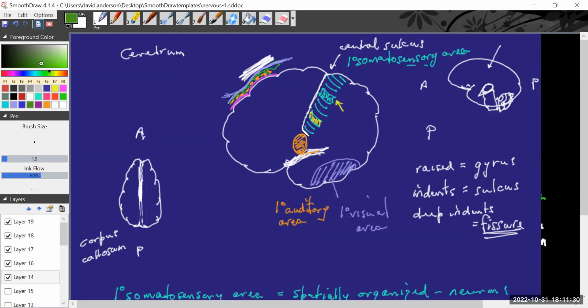It gets tricky because they just get deeper. Deeper in behind this area would be the primary olfactory area. What do you think the olfactory area receives? Well, think of the special senses. Which ones haven't we talked about so far? Scent. Smell. Yeah, so in this case, it's smell.